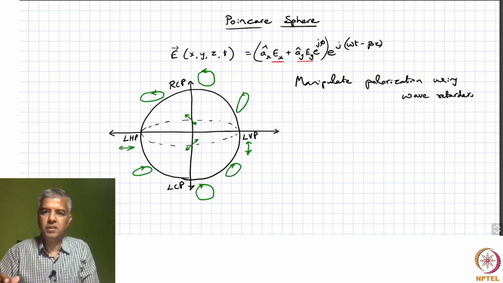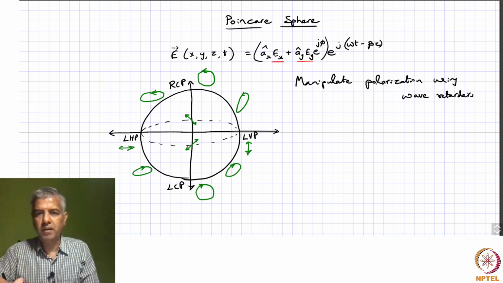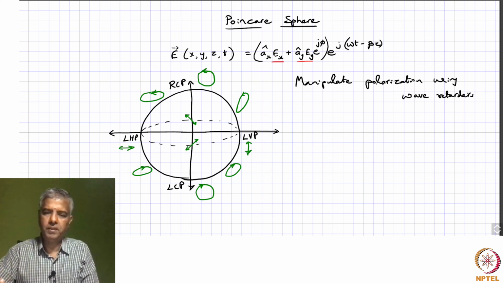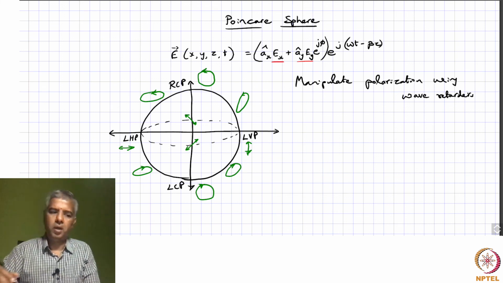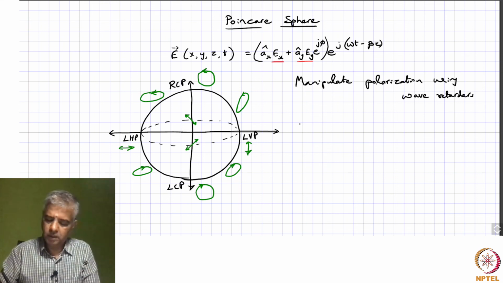When we say birefringence, we are talking about two different refractive indices, for the x direction and the y direction. If you have a birefringent material, then you could basically change the phase or retard one component with respect to another component. One popular retarder is what is called a quarter wave plate.